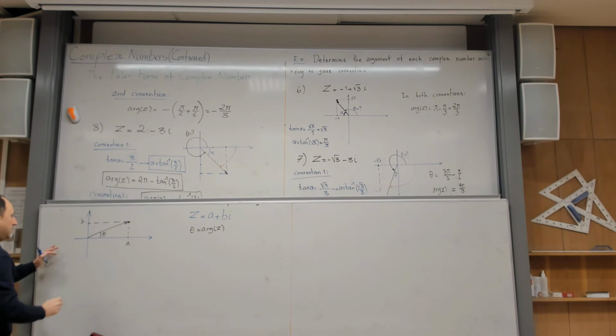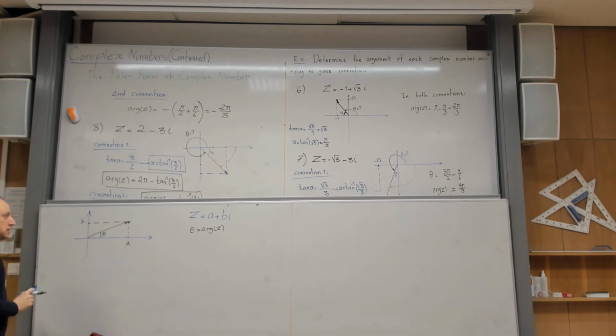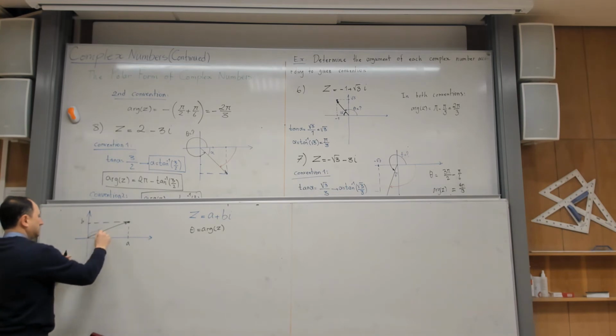Okay? And then from here to here is the distance from this point to the origin. And I told you that, what do I call this? I call it the absolute value, yes? So from here to here is the absolute value of the complex number.